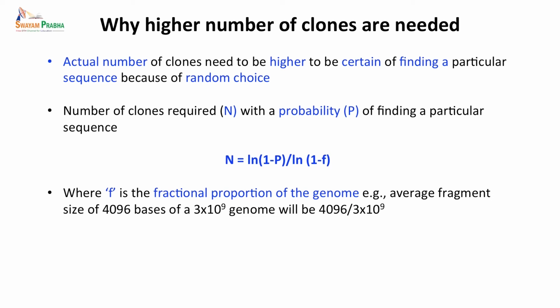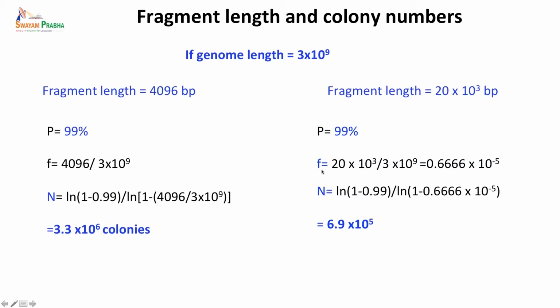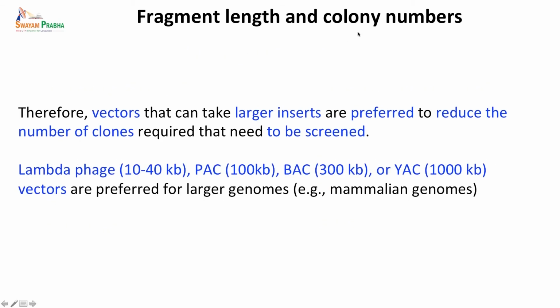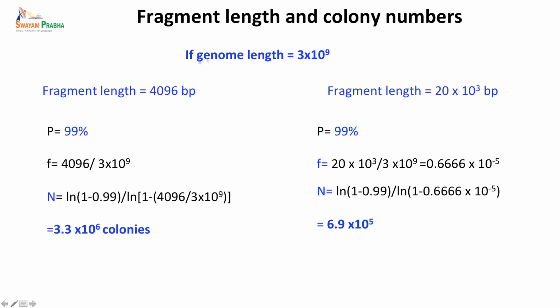Now let's see what number of clones are required and how it changes with the probability with which you want to find the sequence and the fractional proportion of the genome. In other words, how do you choose the fragment length and what consequence does that fragment length have on the number of clones required?